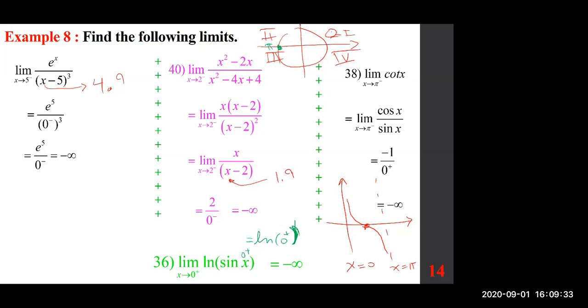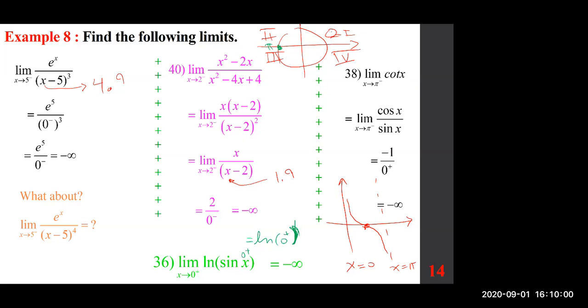And finally, I want to go back to that first example we had and ask you, what if we had this one? So take a look at the first example on this page. What if the exponent instead of 3 was 4? In other words, instead of odd, what if it were even?